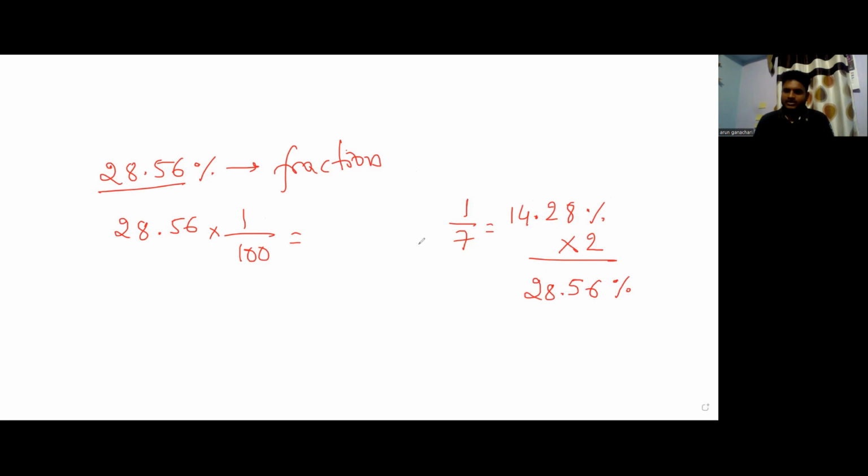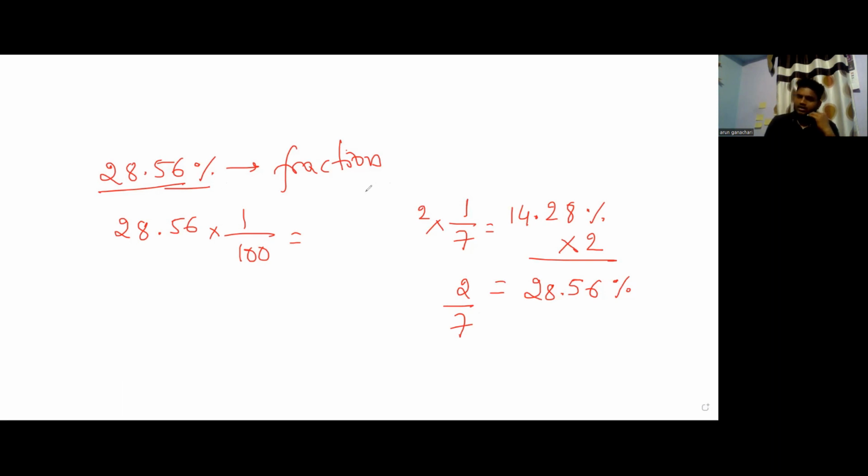As I have multiplied this by 2, I have to multiply the fraction also by 2. So my fraction will be 2 by 7. Getting this? This is how you work with this table. Your questions will have these numbers. If you learn the table by heart properly and apply it properly, then half of your work is done.